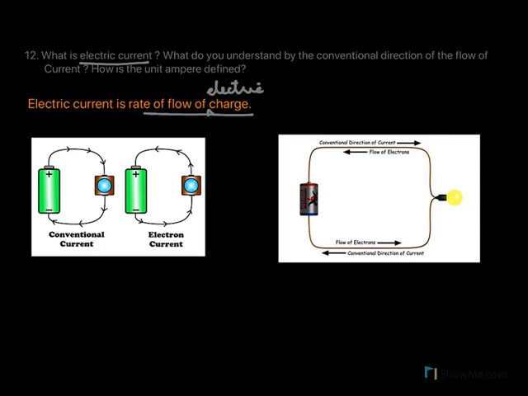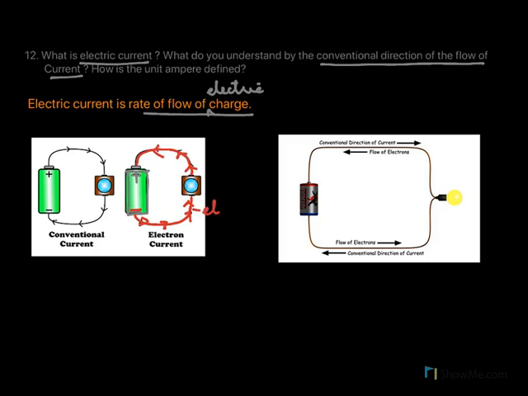What do you understand by conventional direction of flow of current? Here in the first diagram, we see that there is a battery, with a positive and a negative terminal, and current appears to flow from negative to positive. Actually it is electrons, not current.